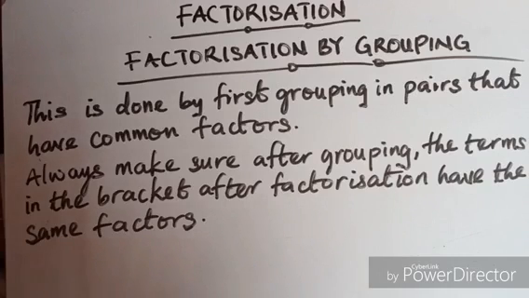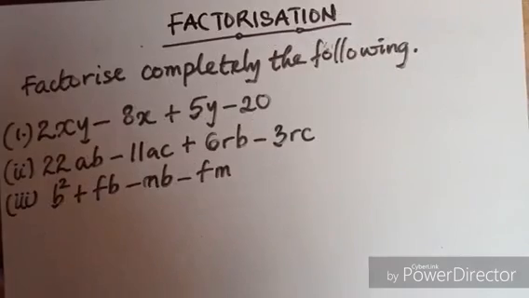Let us look at some examples. So we see the question says factorize completely the following: I, 2xy minus 8x plus 5y minus 20. II, 22ab minus 11ac plus 6rb minus 3rc.